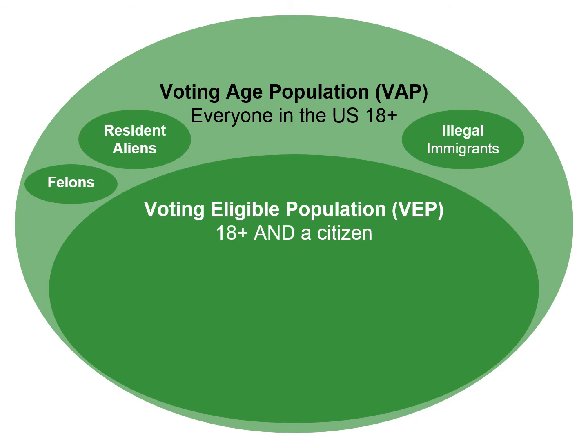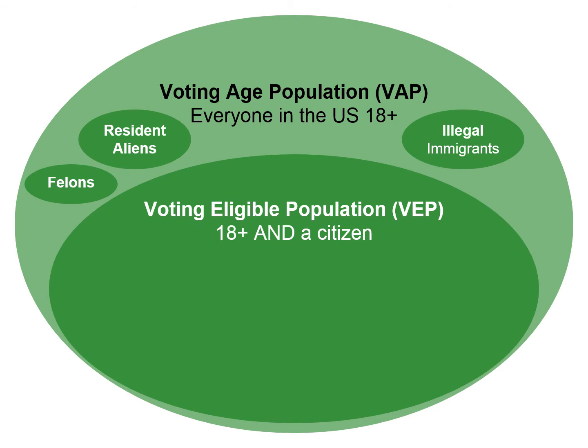Now, the VEP is going to give you a more accurate result of voter turnout. The voting eligible population is going to exclude U.S. residents that are not legally permitted to vote. So two groups that are excluded from the voting eligible population are non-citizens, like resident aliens or illegal immigrants.